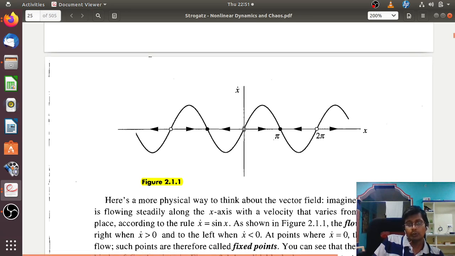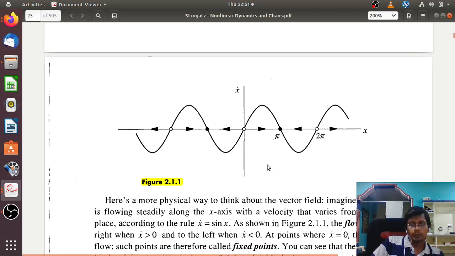At the same time, if you give a little disturbance in this direction, it will go in this direction and finally reach this fixed point. Therefore this is known as a stable fixed point, and this is known as an unstable fixed point. So we have a different representation for these fixed points.